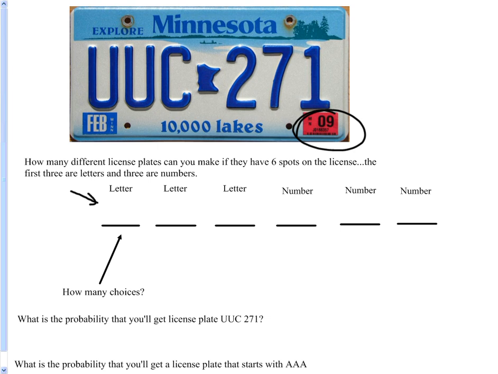Well, if you're using our alphabet, 26. There's 26 choices. You think there's a certain letter you can't use? All right. You make a good point. Somebody said you can't use O's because they look like zeros, right? And the other thing is, if we're going to get really into it, you can't have certain combinations of letters, as you can imagine. So they take some of the possible combos out. We're not going to think about those things.